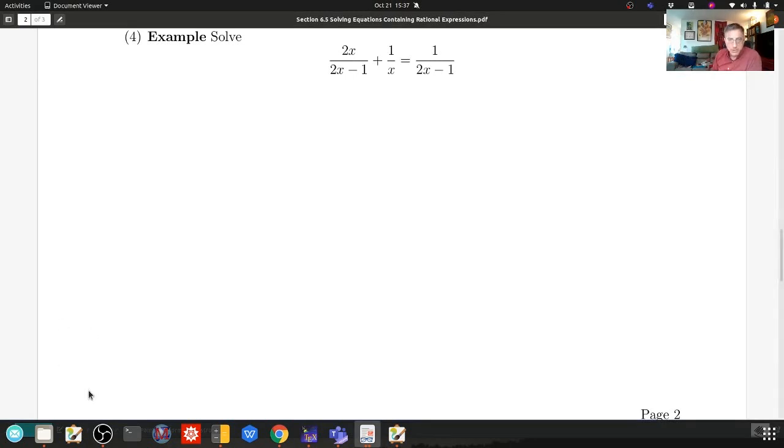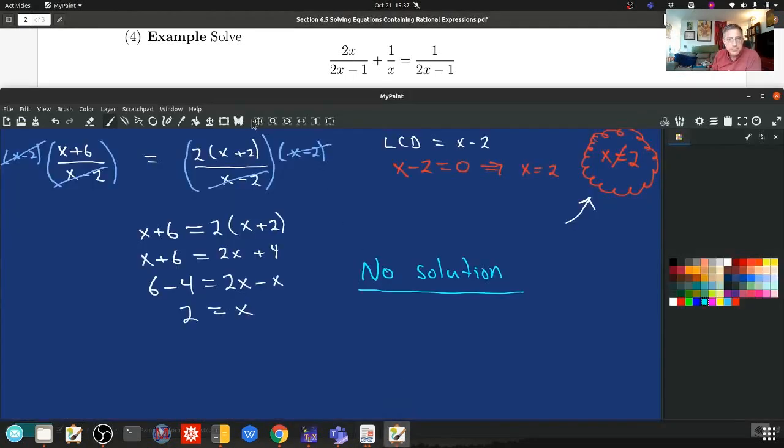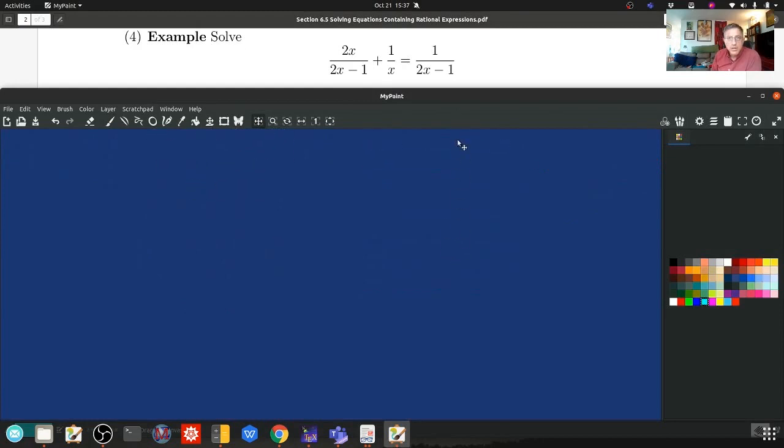Okay, let's do another one. So this is example 4. I have 2x over 2x minus 1 plus 1 over x is equal to 1 over 2x minus 1.